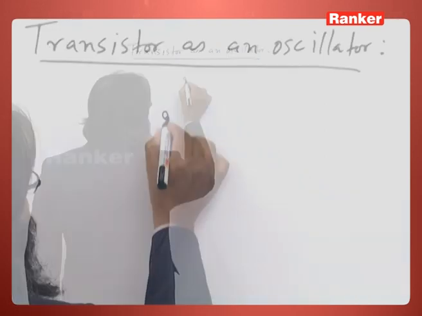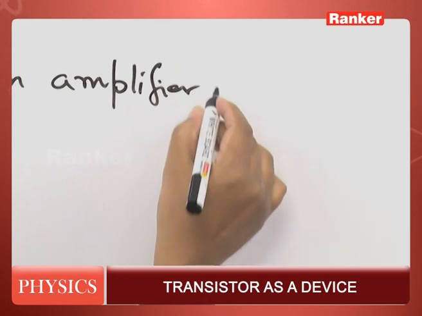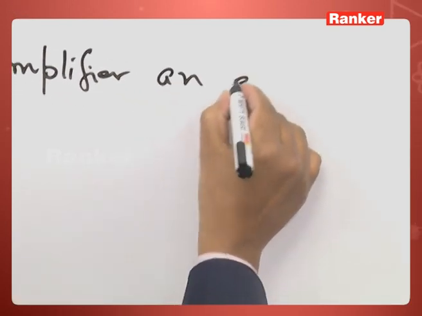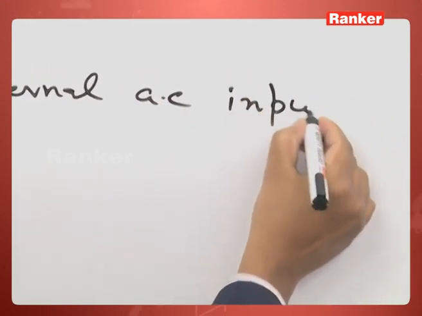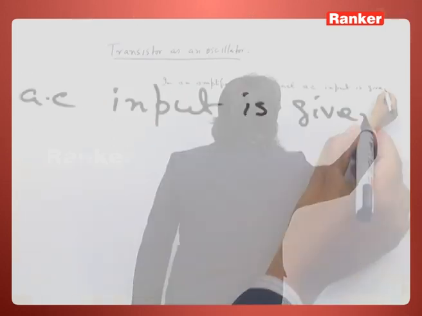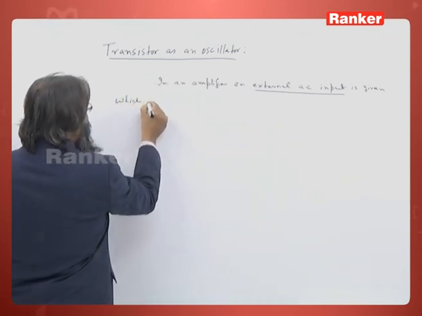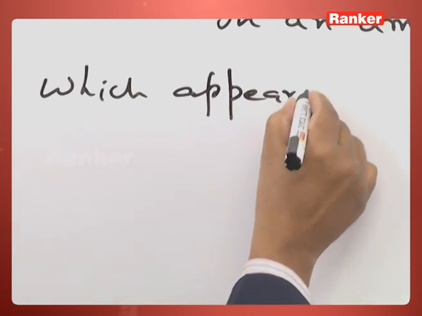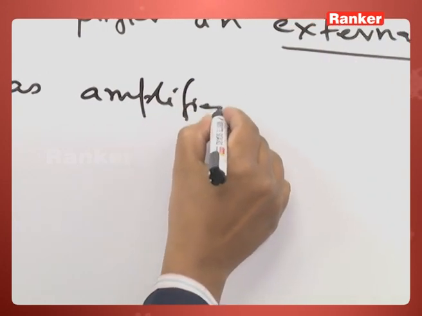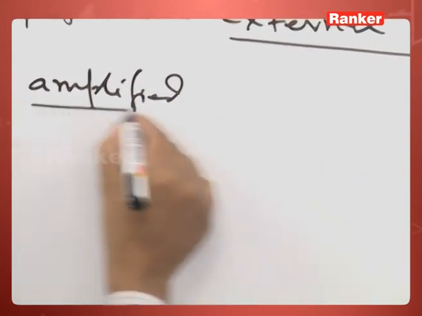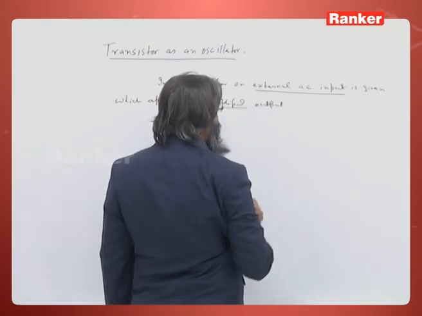In an amplifier, an external AC input is given, which appears as amplified AC output.